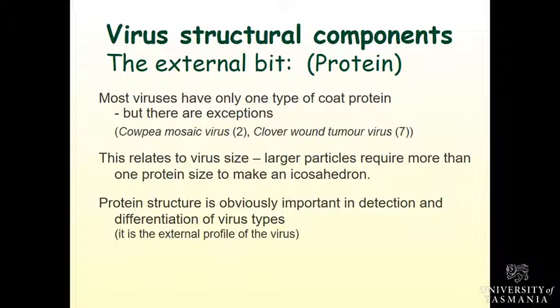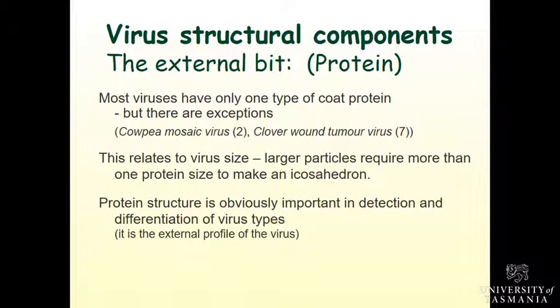Most have only one coat protein because they can only make 5 or 6 proteins, so why waste your genome making more than one? But there are some that have more. Cowpea mosaic has 2. Clover wound tumour virus has 7 coat proteins.